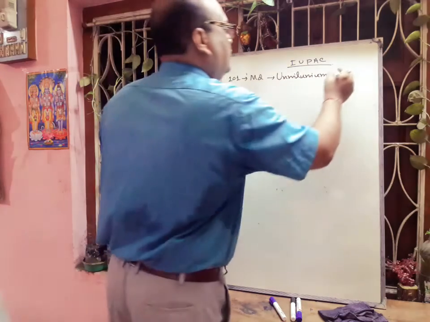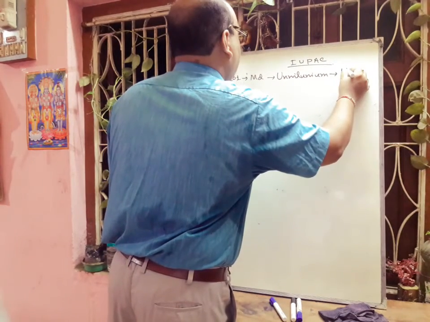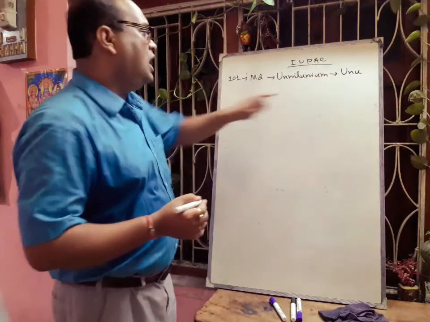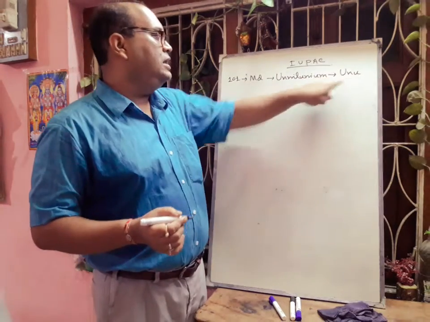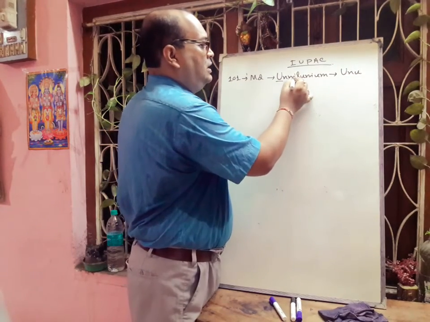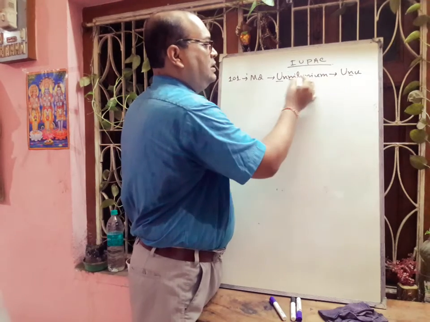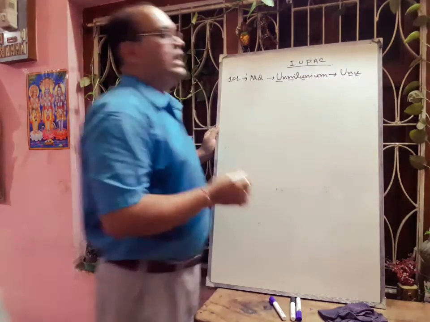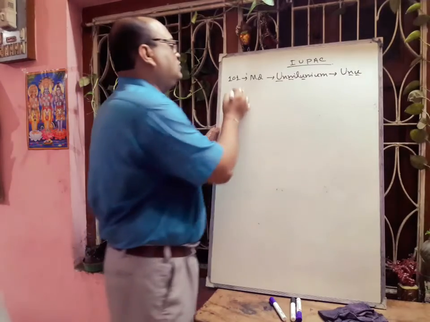That will be U N U. Un nil un, U is taken, nil, N is taken, and then un-ium, this U is taken. UNU.